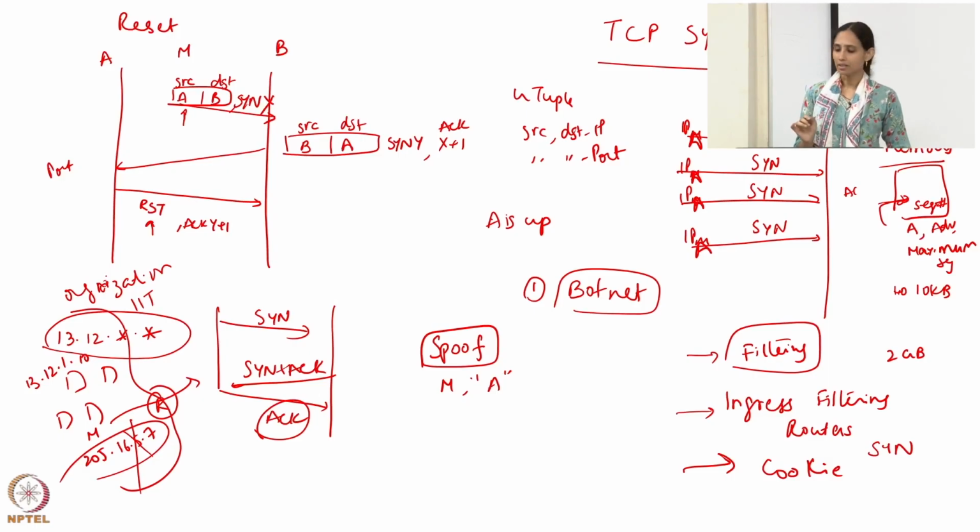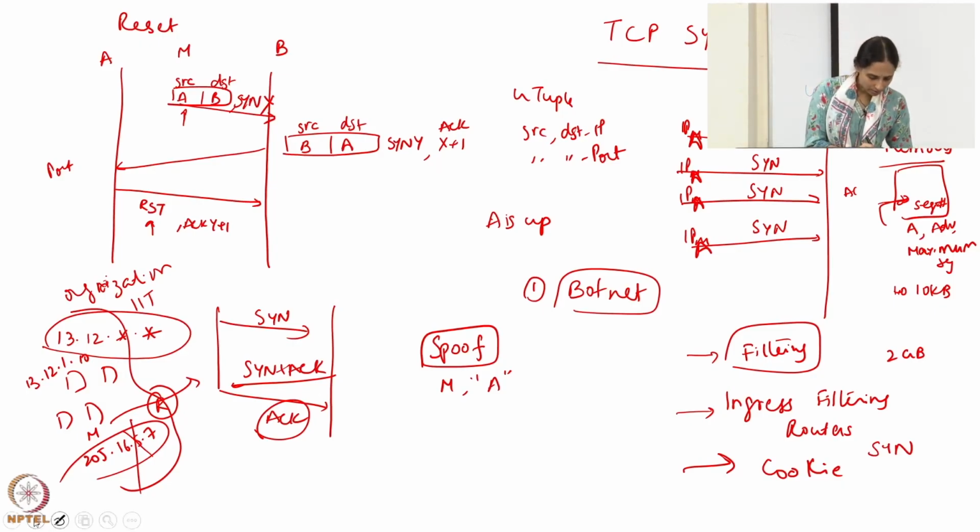The idea here is that I do not want to allocate any memory, but somehow I still need to have that state. Now, where do I keep that state? This is similar to web cookies. If you are aware of web cookies, you basically put all the state you need into a cookie, send it to the client, and ask the client to give back the state whenever they want to contact you. So, the same idea is here.